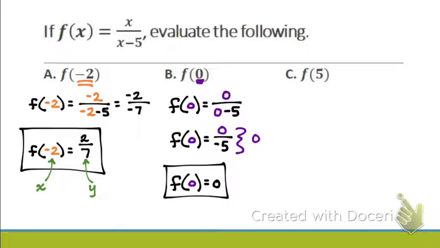What about part C? This one is an issue. Why? Yes, I'm going to have a 5 in my numerator. That's not a problem. Down on the bottom, I have 5 minus 5. So I end up with 5 over 0, which is undefined.